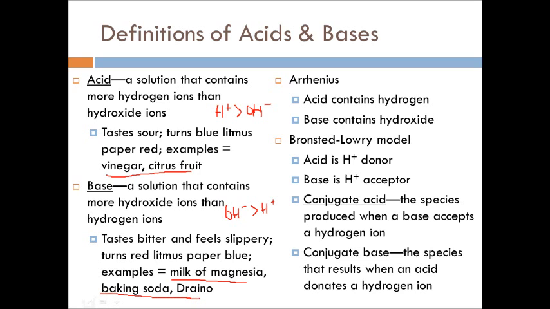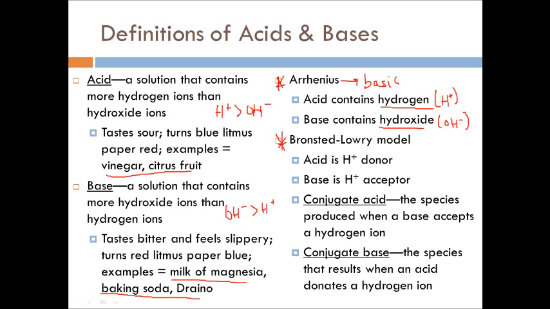Alright, we actually have two models here that describe acids and bases in different situations. Arrhenius is going to be your more basic one. So Arrhenius said that acids have to have hydrogen. That's it. Bases have to have hydroxides.